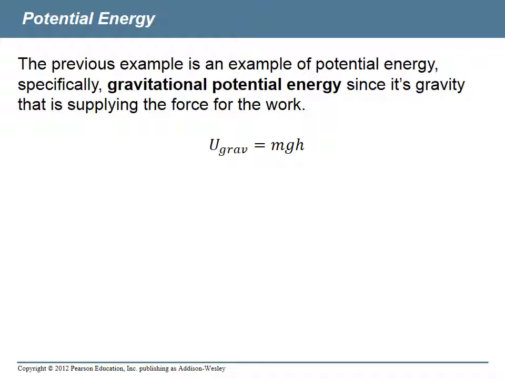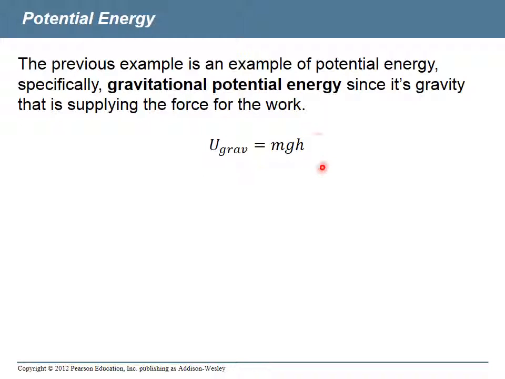I lifted the book up and it had some more height and it could fall, right? And so that was work that could be done by gravity, so we call it gravitational potential energy. Okay, that's because it's gravity that's applying the force of the work.